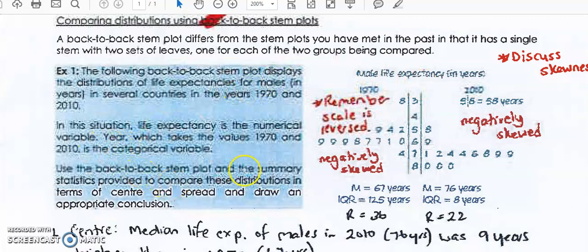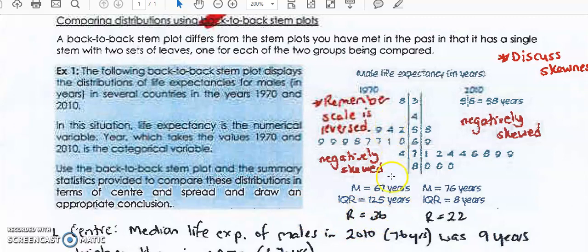So we're going to use this back-to-back stem plot and the summary statistics provided to compare the distributions in terms of their center, spread, and also draw an appropriate conclusion. Just to be safe, you should also write the range for each one, highest minus lowest.